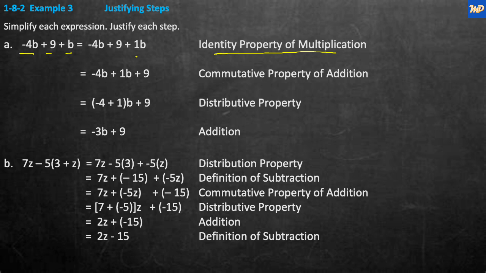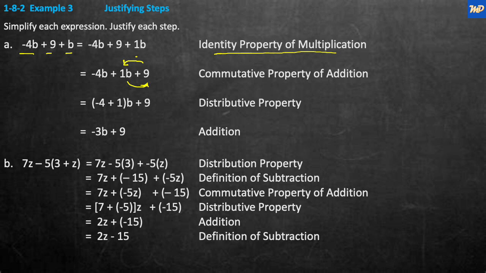So then the next step is I have the 9, the constant term between the two b terms. Well, I want to get the b terms next to each other. So I'm going to have to move the 9 and the 1b around, right? I'm going to move the 9 over to here and the 1b back over to the middle.